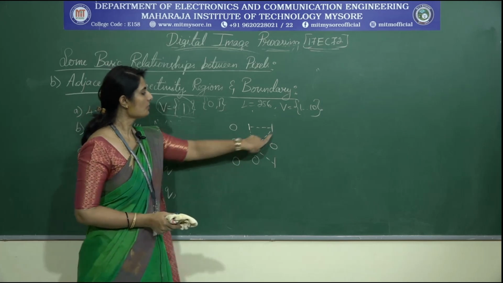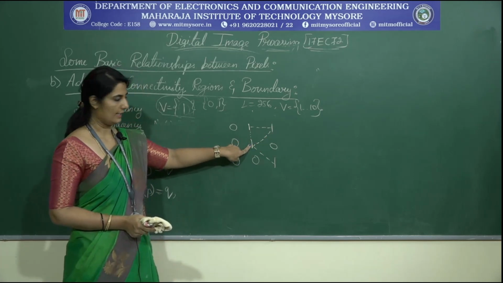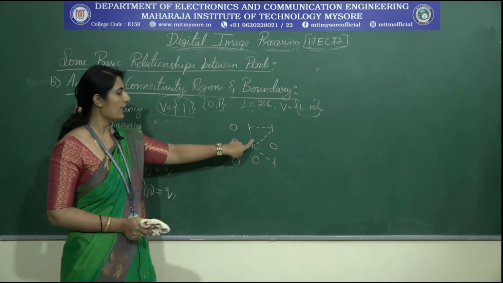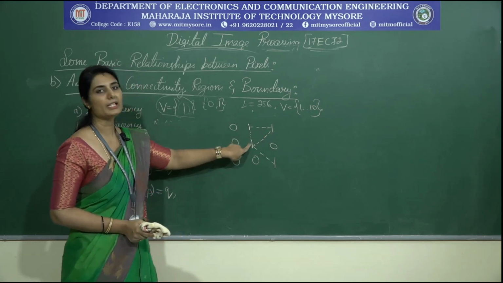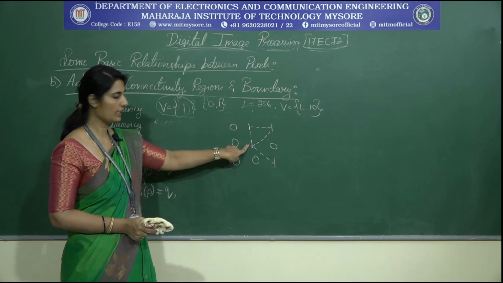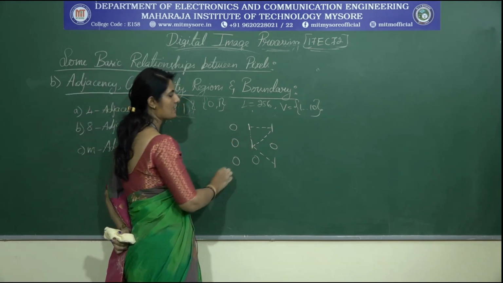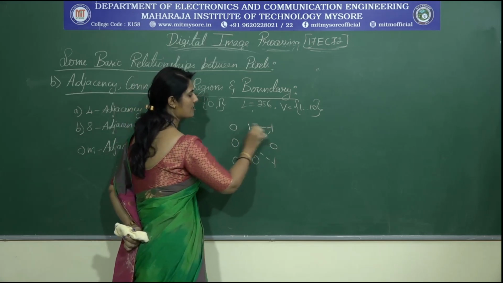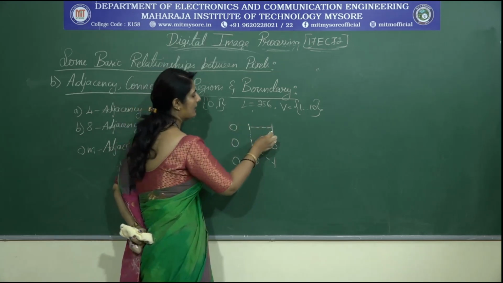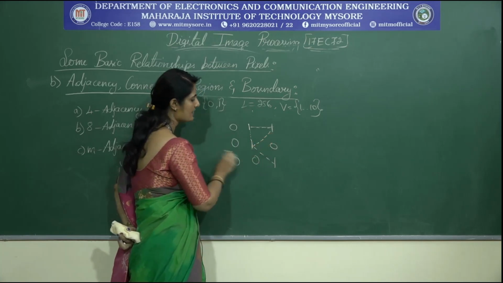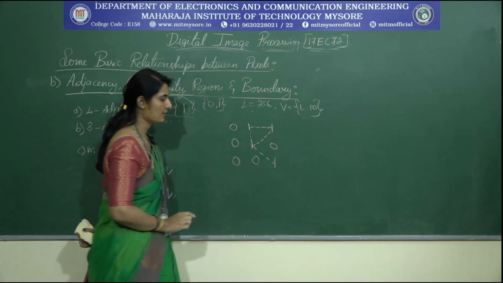These two pixels are said to be connected if they have the same values and there exists a path between them. Here there is 4 adjacency, here also 4 adjacency between these two, and here there is 8 adjacency, and 8 adjacency.